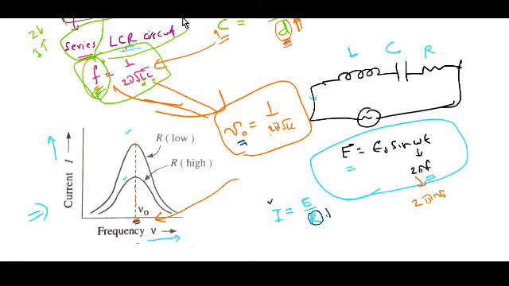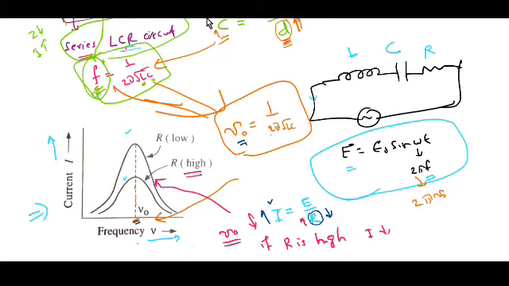When R is smaller, current is larger. When R is larger, then current is smaller. Here you see, if R is high, then current I is smaller. This is for a particular value of the frequency. That is the picture here.